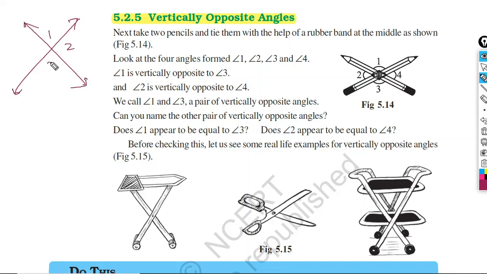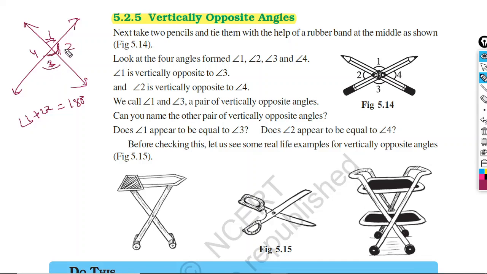1, 2, 3, 4. Okay, now you see angle 1 plus angle 2 will be what? Angle 1 and angle 2 are a linear pair, and we know the sum of the linear pair angles is 180 degrees. So angle 1 plus angle 2 equals 180 degrees. Similarly, you see angle 3 and angle 2 are also a linear pair, isn't it?